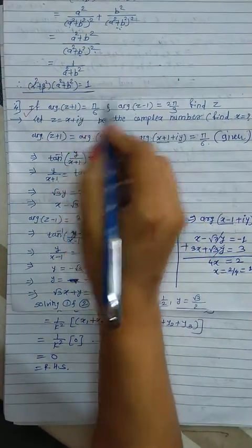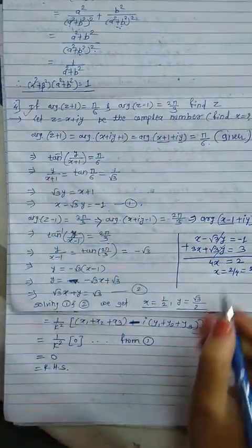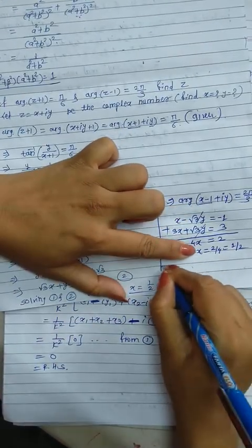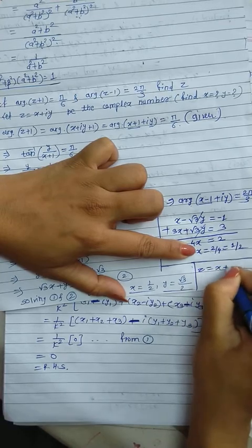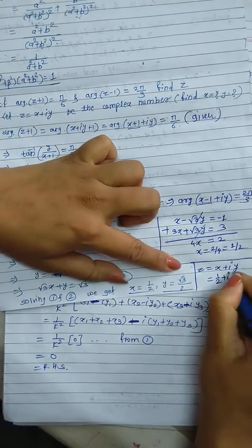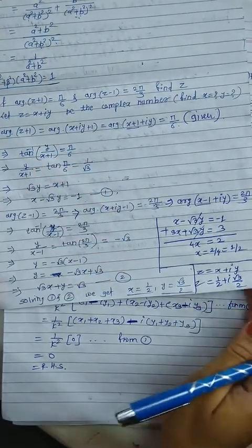Therefore the answer for this question, to find z: z is equal to x plus iy, which is equal to 1 by 2 plus i root 3 by 2, or root 3 by 2 i. This is the answer for this question.